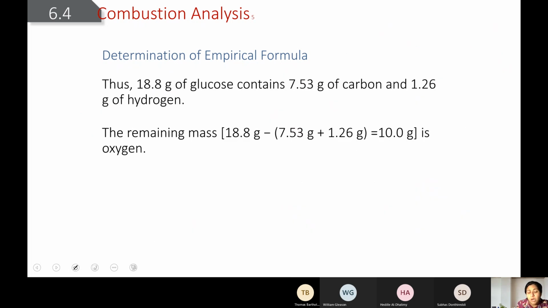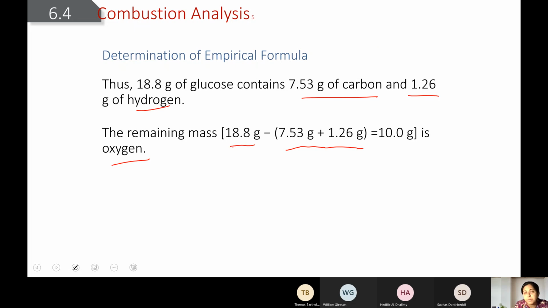Okay, so how can we find the mass of oxygen? Yes, the remaining mass will be the mass of oxygen. We subtract the mass of carbon plus the mass of hydrogen, 7.53 plus 1.26, from 18.8 grams.